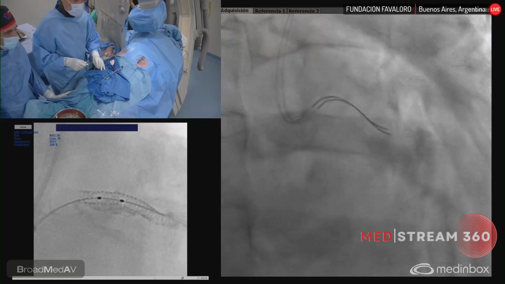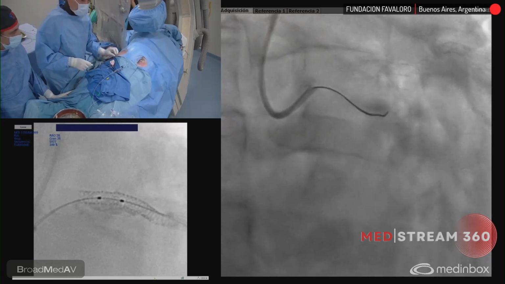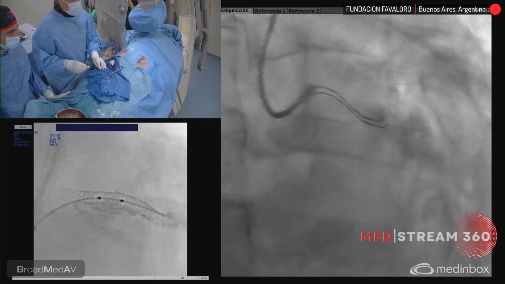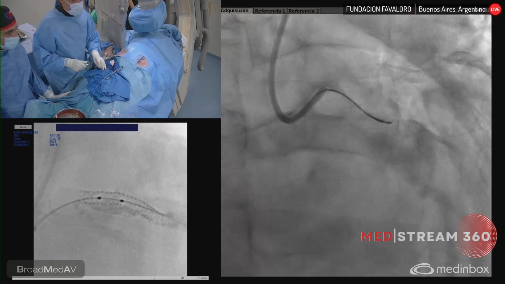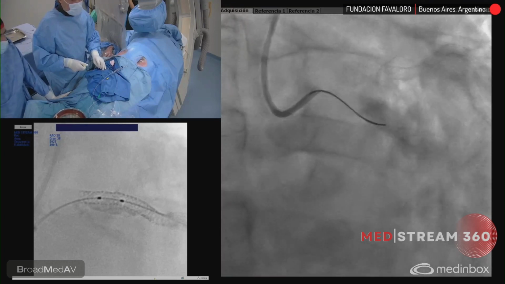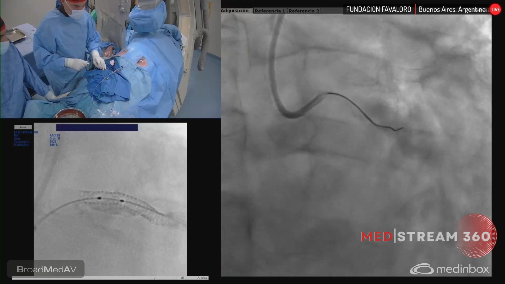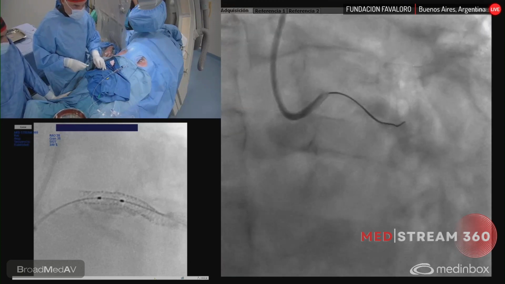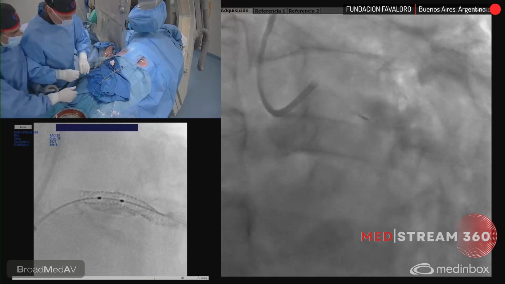Test. Okay, test. Give me the Crossit. No, cyan blue is not working.